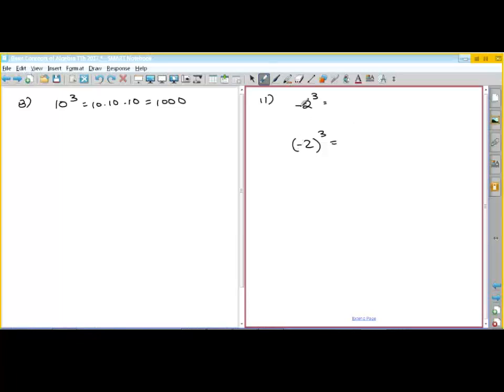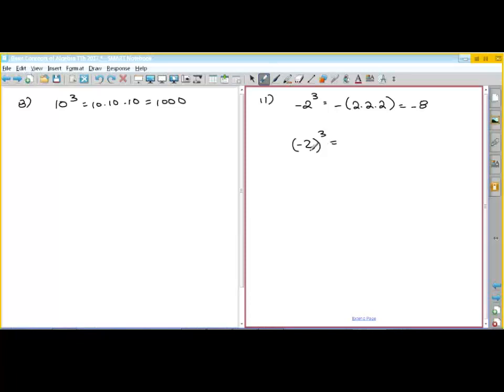So when you do not have a negative sign inside parentheses, what this is not is negative 2 times negative 2 times negative 2. It's negative the quantity 2 times 2 times 2. We don't include the negative in the exponential unless it's inside the parentheses. So you do the cubing first, which means I'm going to cube 2 times 2 times 2, and take the negative of that.